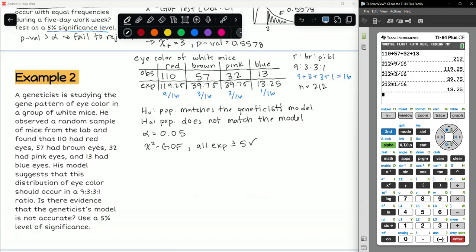We'll go ahead and use chi-squared GOF test on our calculator to find our test statistic and our p-value. So observed into list 1, expected into list 2, and then degrees of freedom, I have 4 eye colors, so my degrees of freedom will be 3.